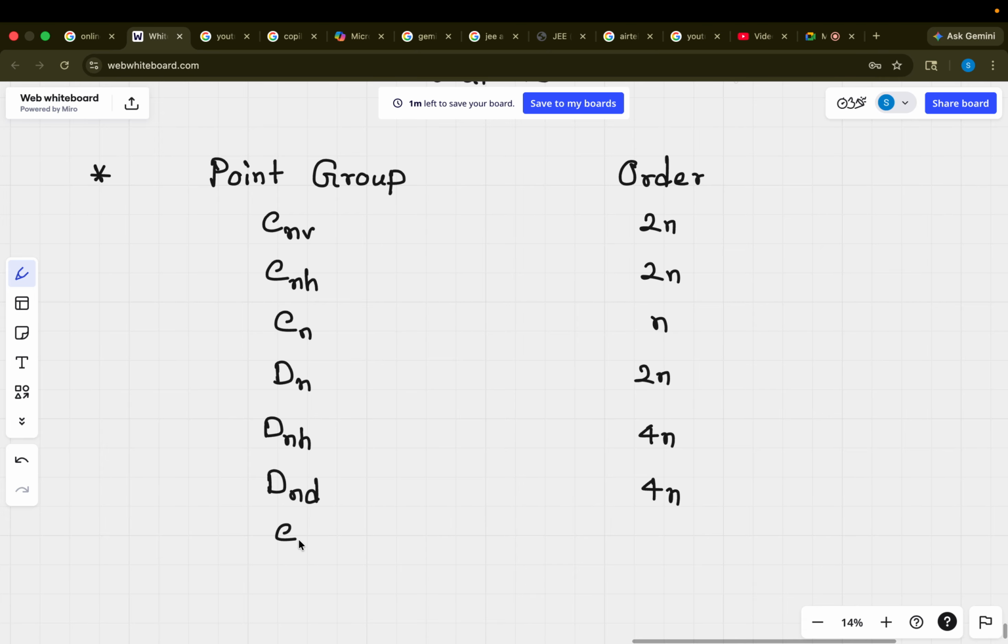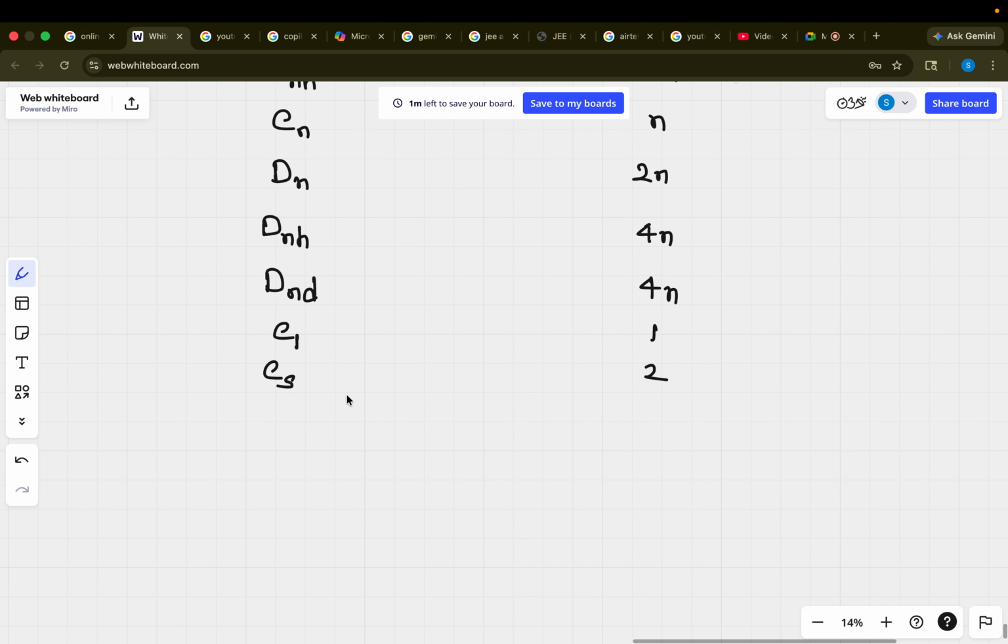Okay, if you have the C1 point group, the order will be 1. If you have the Cs point group, the order will be 2. If you have the Ci point group, the order will be 2. If you have tetrahedral, at that time the order will be 24.